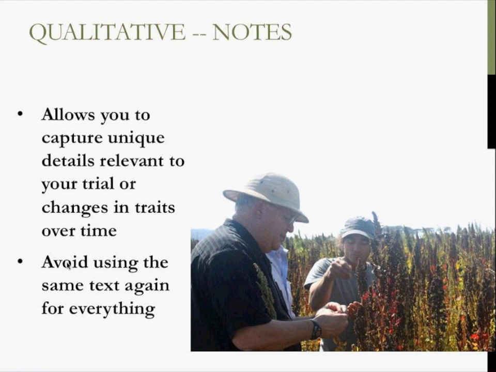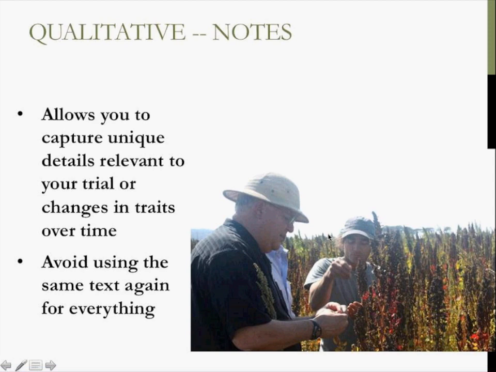You do want to be careful not to say the same thing all the time. If you're scoring something for flavor or for disease susceptibility and you say everything is pretty good, by the end you're not going to know which one was actually better than the other. So try to use some detail when you're taking notes, and try to be fairly systematic about it.